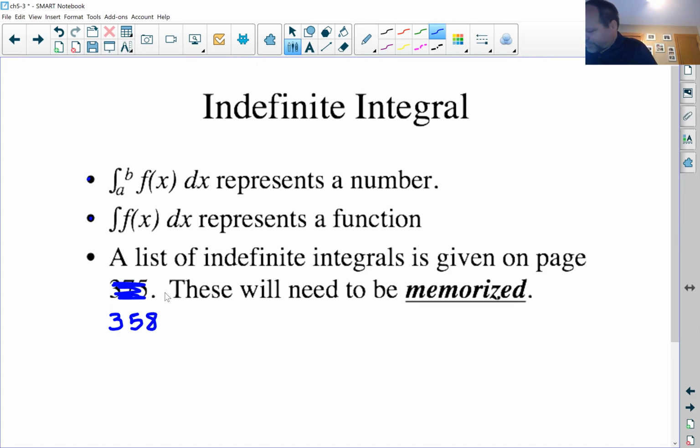There are about a dozen, 14, I guess. They're just things that you're going to have to memorize, just like we memorized the derivative of the trig functions, just like we memorized what the derivative of e to the x was. Same thing with these indefinite integrals.